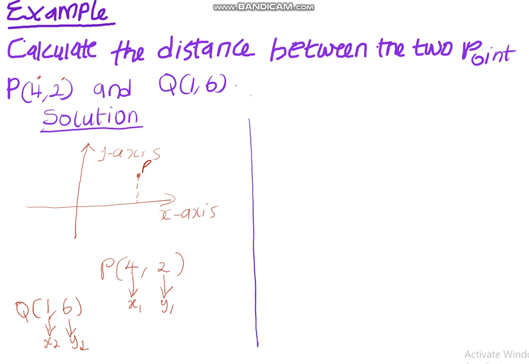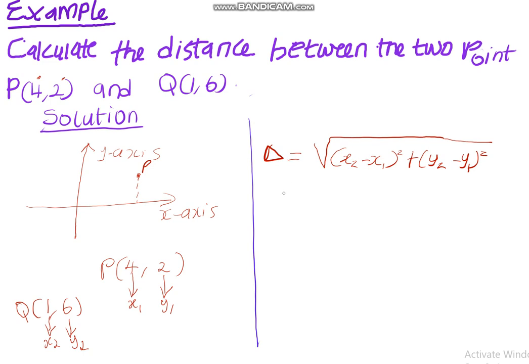Now the formula for distance between 2 points on a Cartesian coordinate system, which we denote by D. The distance between 2 points on a Cartesian coordinate is given by this formula: square root of x2 minus x1 squared plus y2 minus y1 squared.